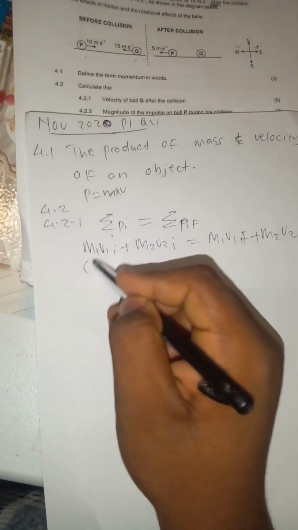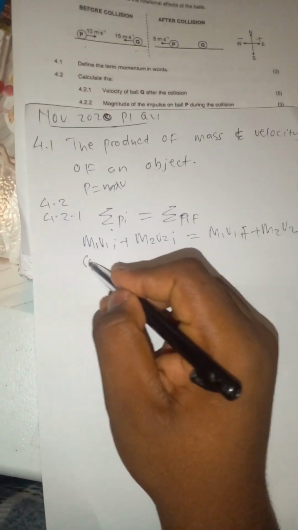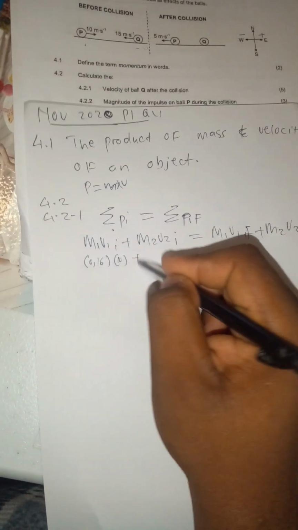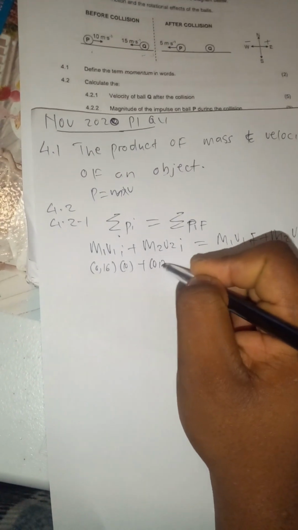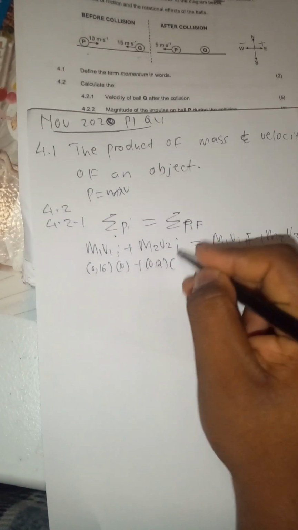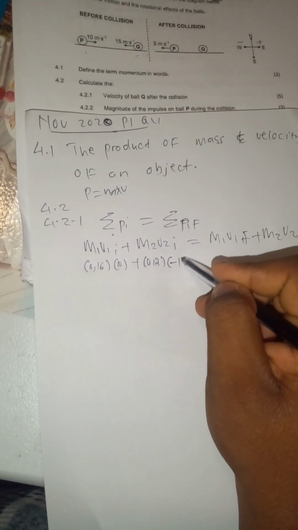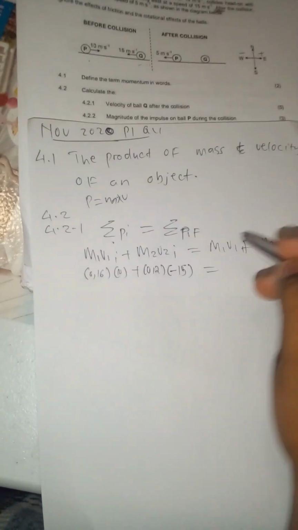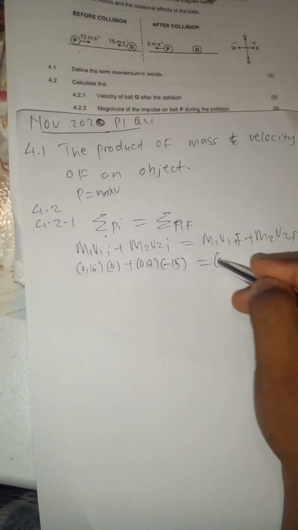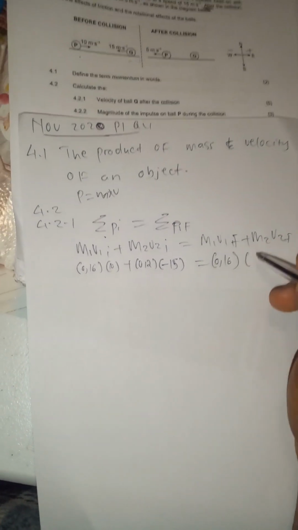So what is the first mass? It is 0.16 times 10, plus the second one, which is Q: 0.2 times 15, but they said 15 to the west, so it will be minus 15. Then the first mass is 0.16, but right now you have to be careful.